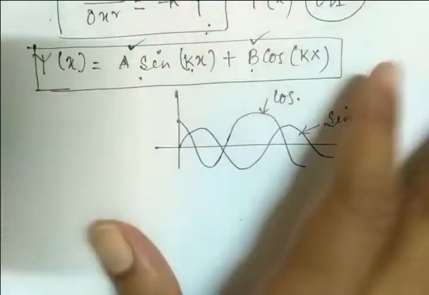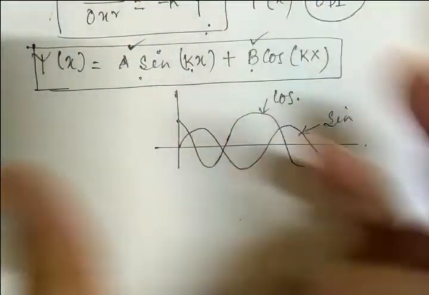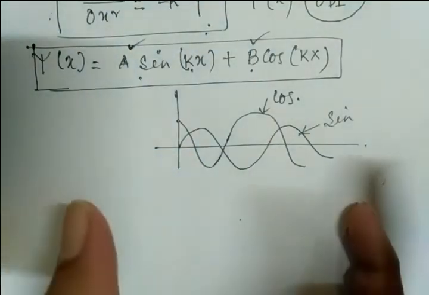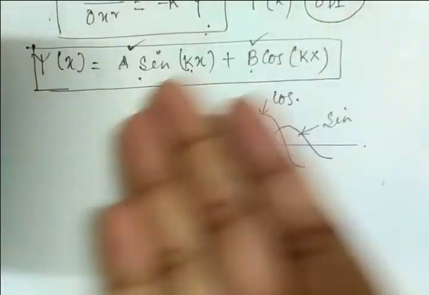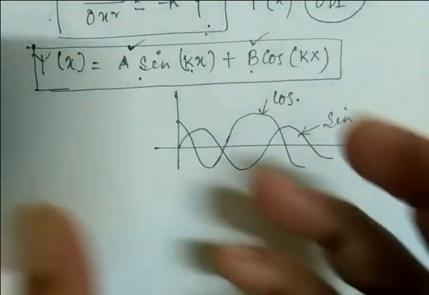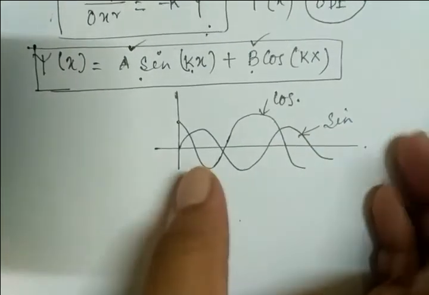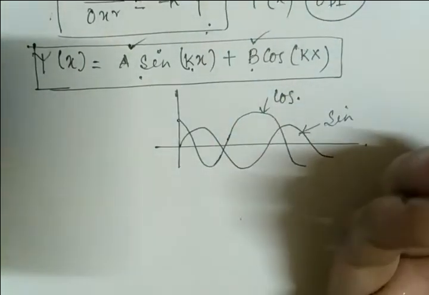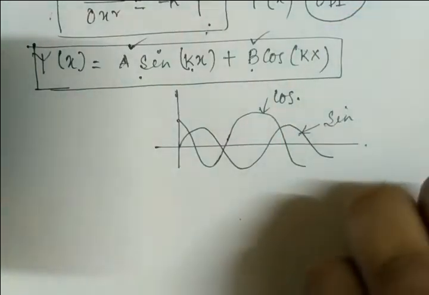We have a space, but we are considering a bounded portion, not the overall portion. We are selecting some portion with some limit, here in between 0 and A. So we are applying the knowledge of boundary condition to get the solution immediately, right?